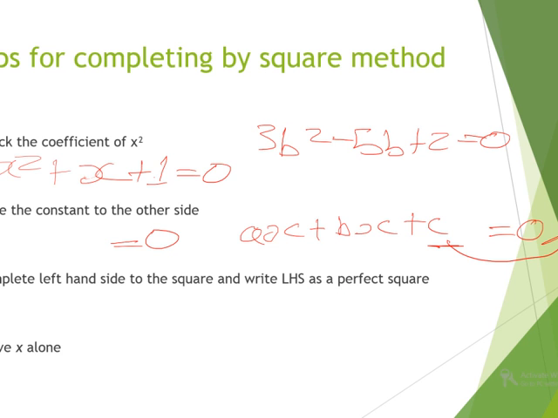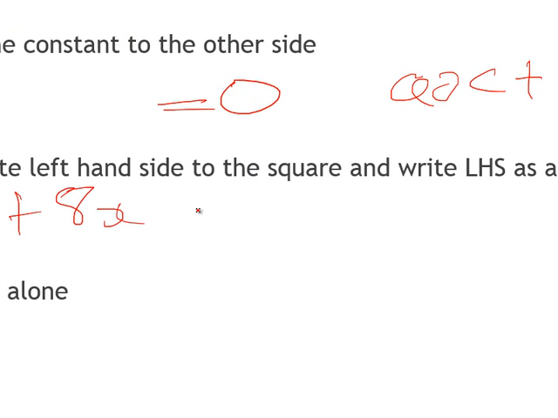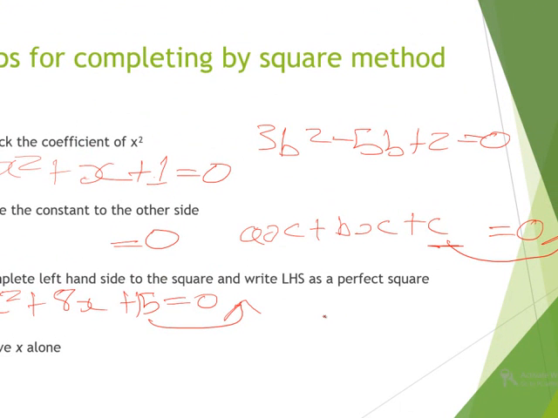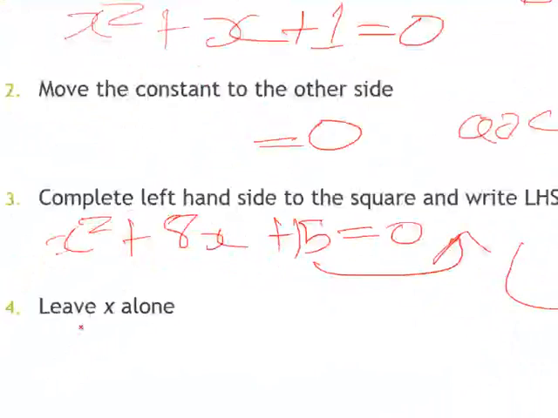So if we have x squared plus 8x plus 15 is equal to 0, we move 15 to the other side, and then we use b divided by 2, squared, to get the perfect square, and we leave x alone.